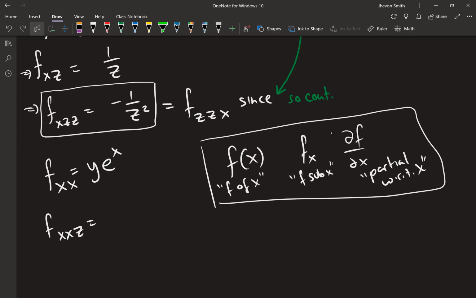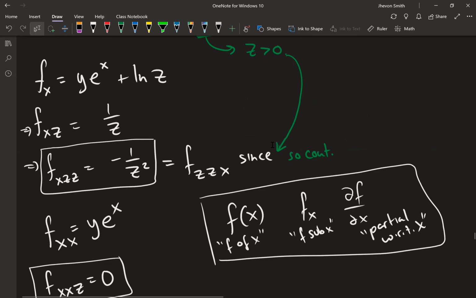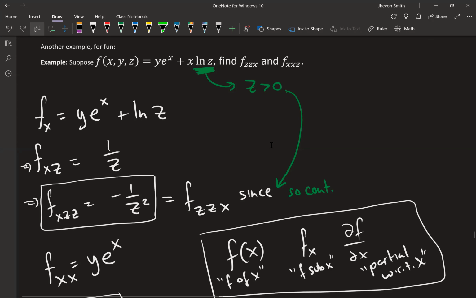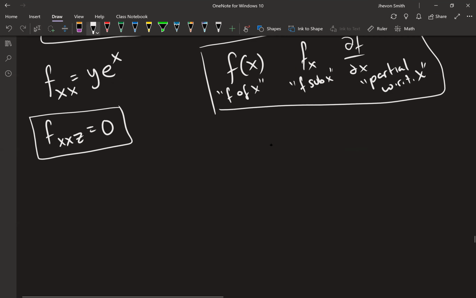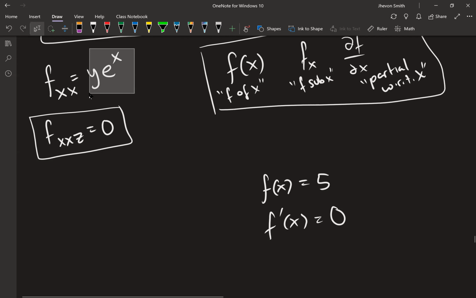Just zero. It would be 0 because there are no z's there. Exactly. Think single variable: if I told you my f of x was 5, there's no x. What is the derivative? 0. Right, if there are no x's, it's a constant. Same thing here. As far as z is concerned, that's a number.